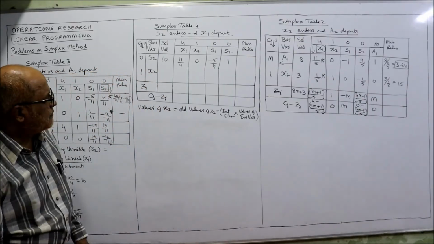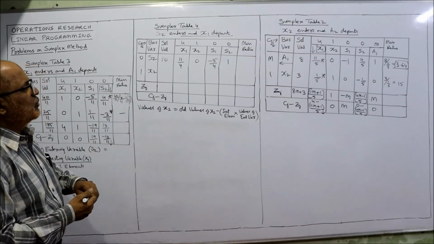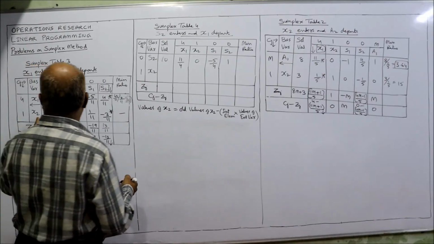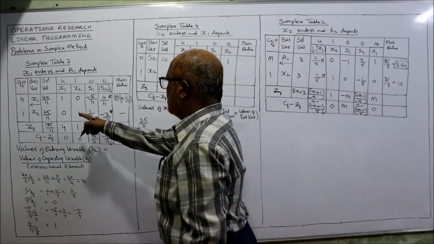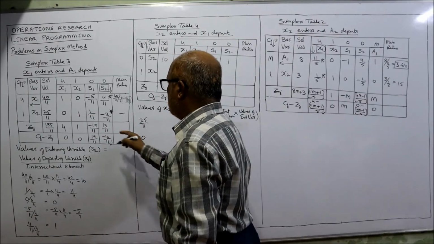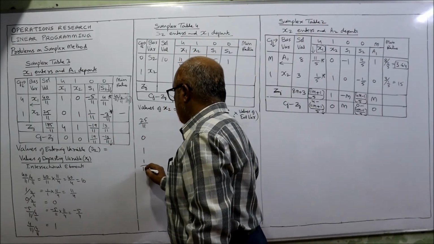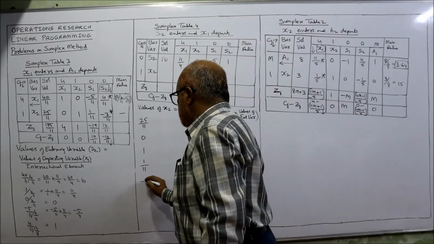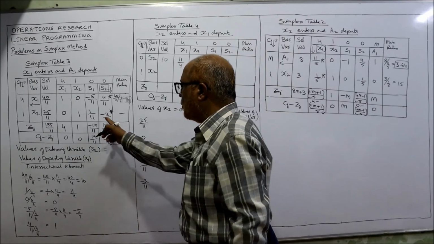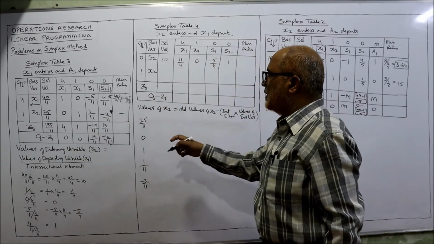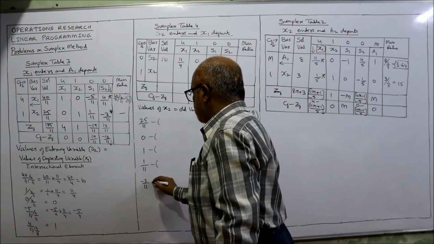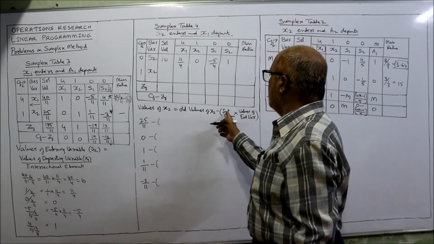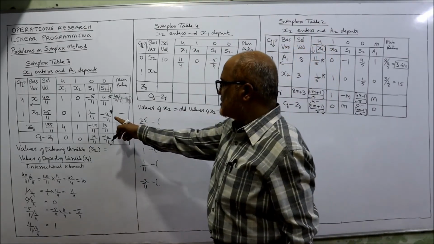See here, the old values of x2. What are the old values of x2 here? 25 by 11, then 0, 1, 1 by 11, minus 3 by 11. These are the old values of x2. Minus the intersectional element. What is the intersectional element?